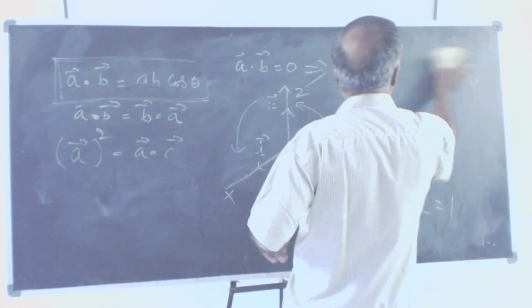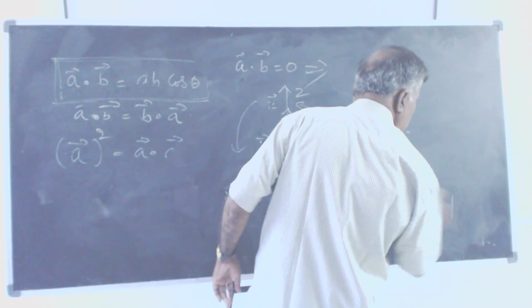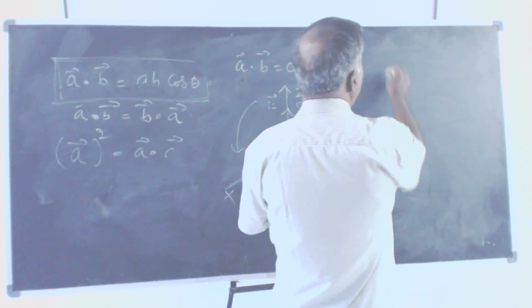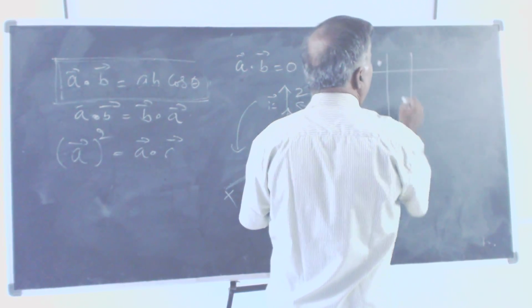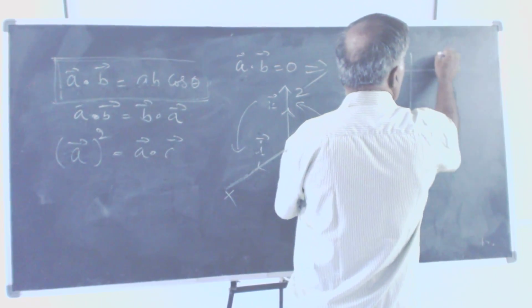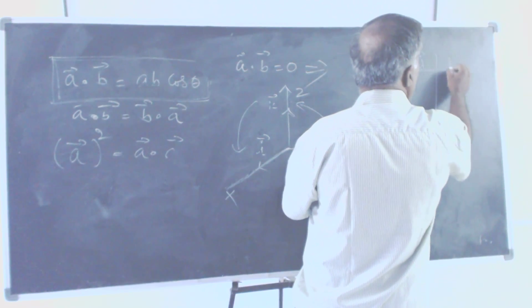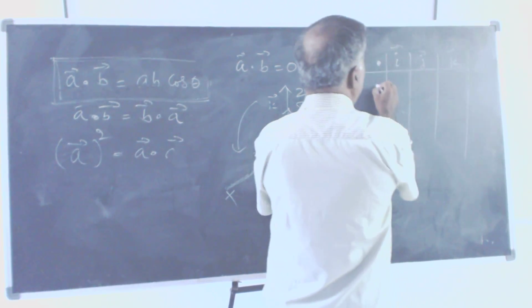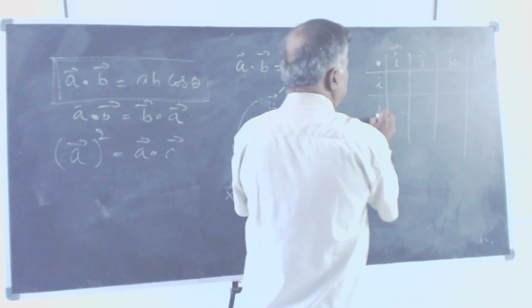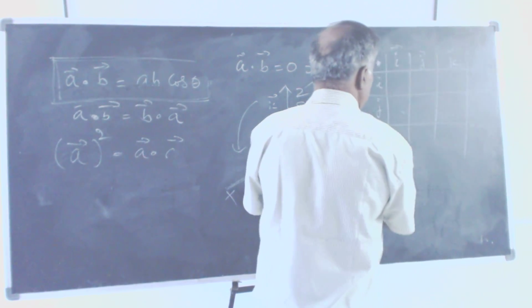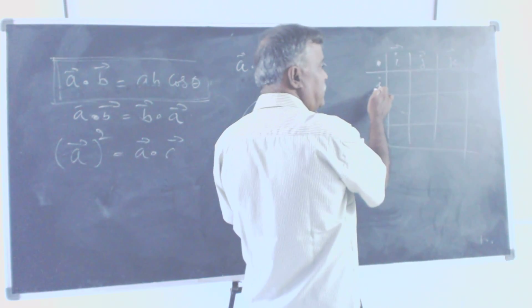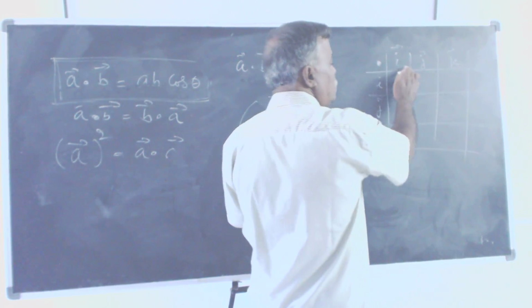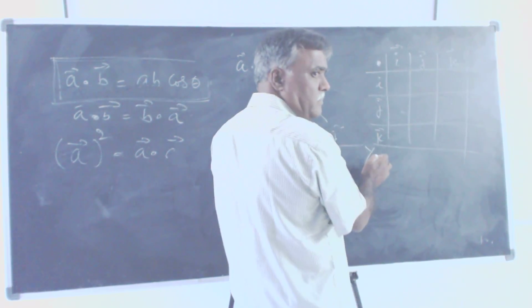So all these things can be arranged into tabular form like this. You keep this dot product here. I write i vector, j vector, k vector, and here i vector, same order, j vector, k vector. See, if i, j, k is written, don't write it as j, i, k. You should not change the order, same order.